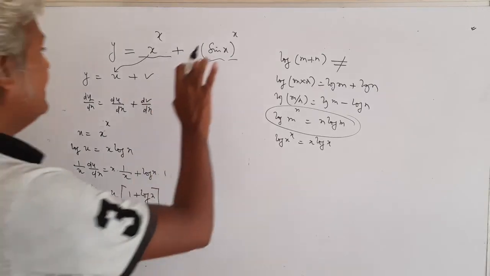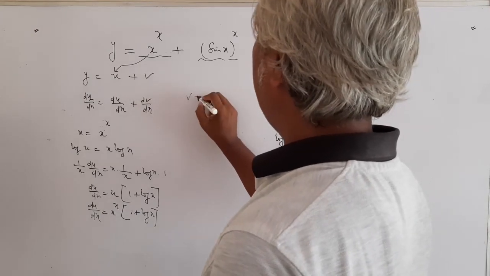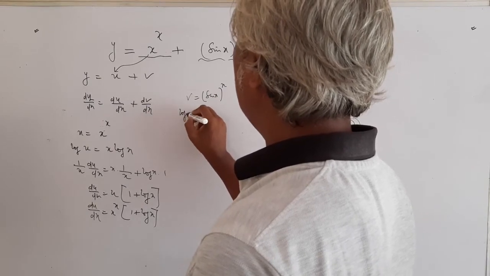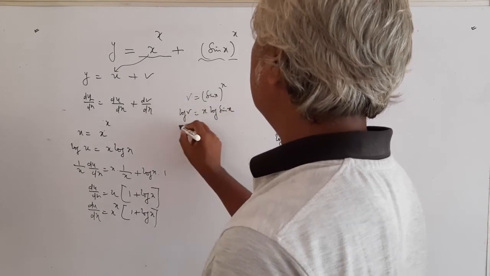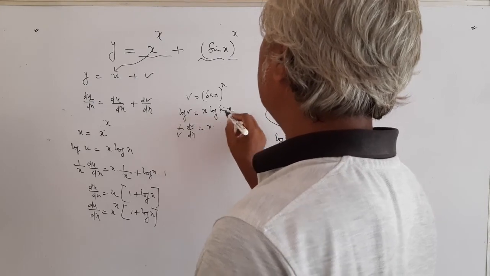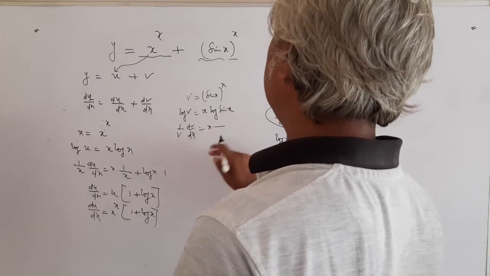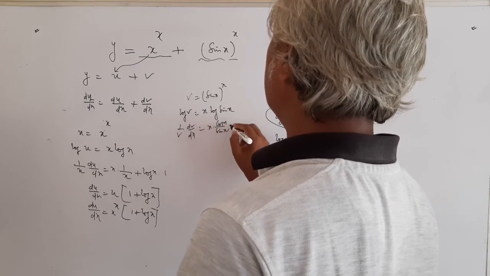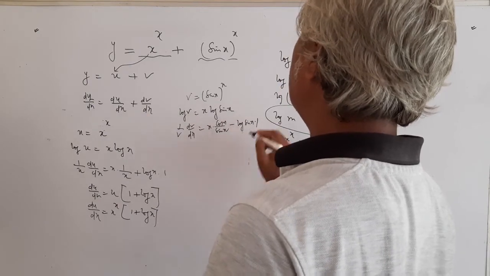Same way I have to find the value of dv by dx also, because v is sin x to the power x. So log v is x log sin x. So 1 by v dv over dx is x into 1 over sin x into differentiation of sin x, that is cos x, plus log sin x into differentiation of x, that is 1.